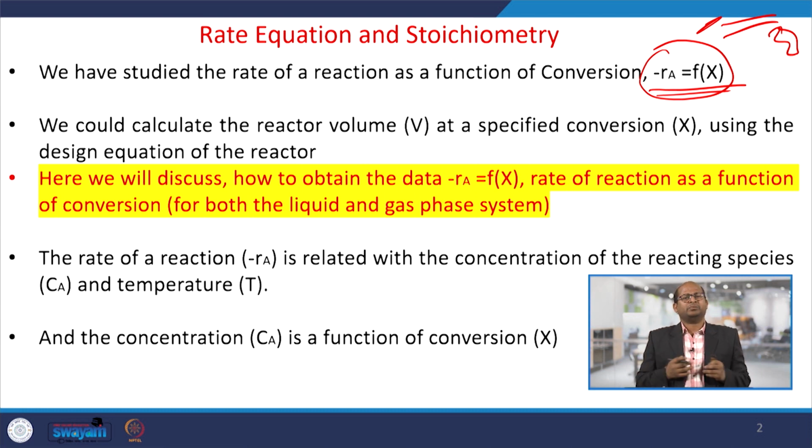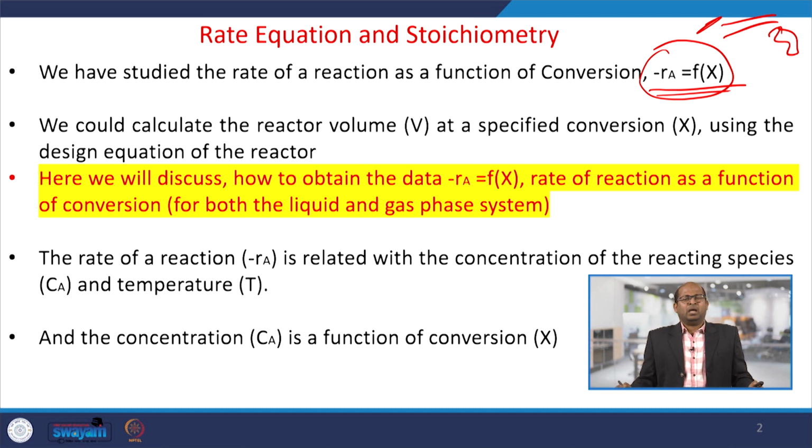The rate of reaction is related to the concentration of the reacting species, C_A, and the temperature. Usually we express the rate for a particular reaction, let us say for a first order reaction, as minus r_A equals k times C_A, where C_A is the concentration of the reactant remaining inside the reactor.